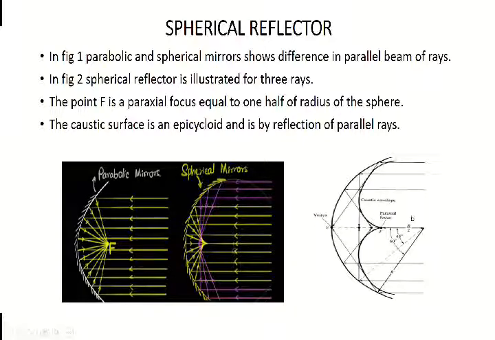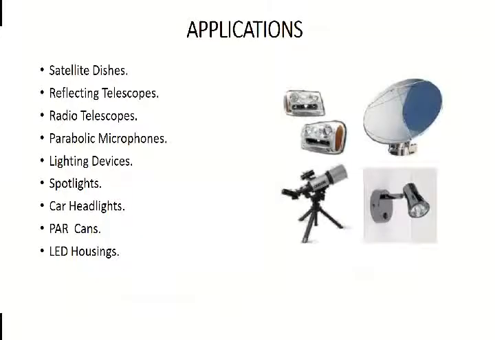If this is the complete radius of the sphere, then 1/2 of the radius of the sphere defines the focus F. And also the caustic surface is nothing but an epicycloid, which is formed by the parallel reflection of the rays. So this gets the analysis of the spherical reflector. We are not going into detail of this.